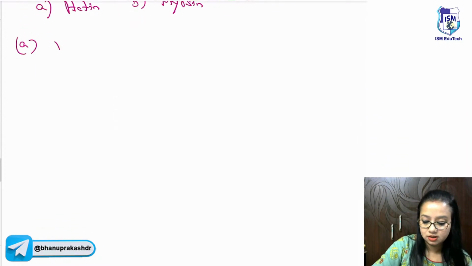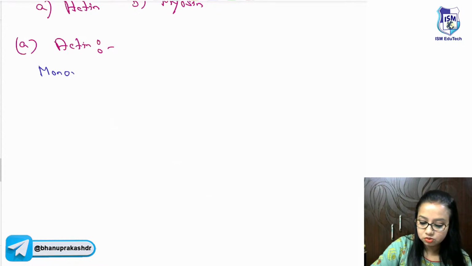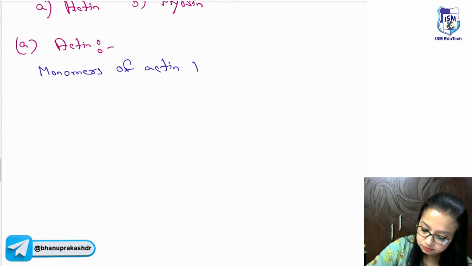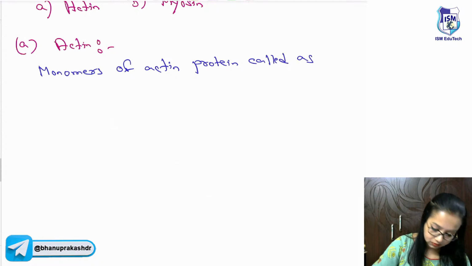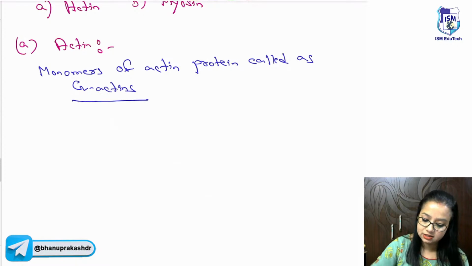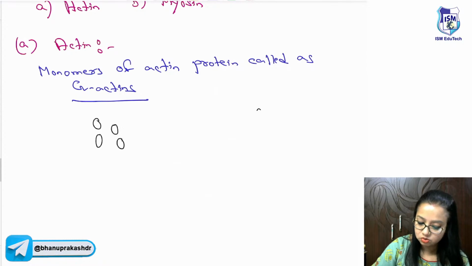Starting with actin. What are actins? First, there are monomers of actin protein called, sorry, G actins. G actins. So they are something like this. Okay, they are the monomers.